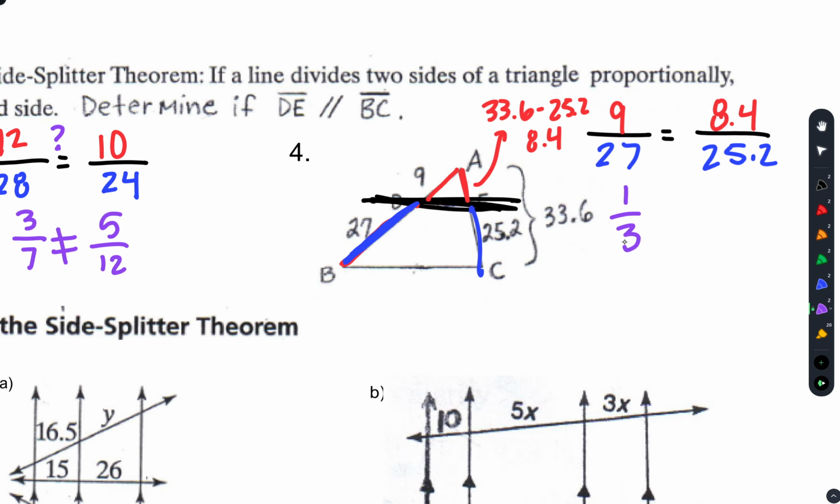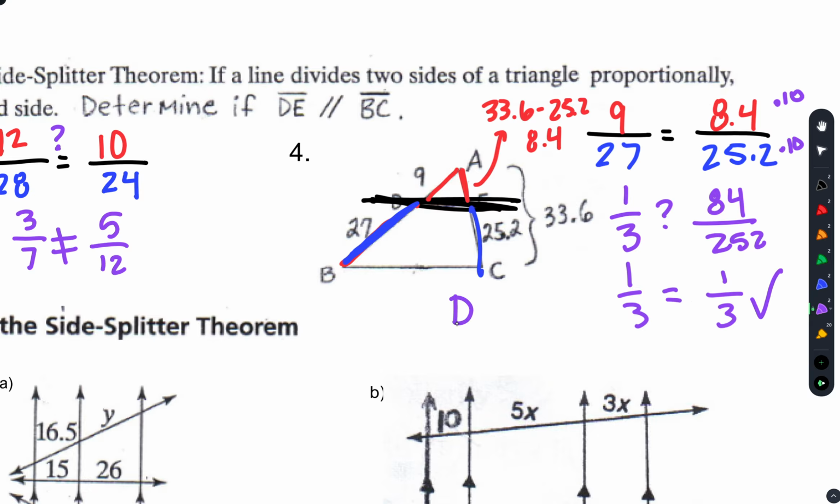That reduces to 1/3. 8.4 over 25.2. To make it a little bit easier for us to reduce, I might multiply each of these pieces by 10 to get 84 over 252. We're trying to figure out if those are equal or not. 84 over 252 does indeed reduce to 1/3. So I could say yes, DE is parallel to BC. Any questions on that?